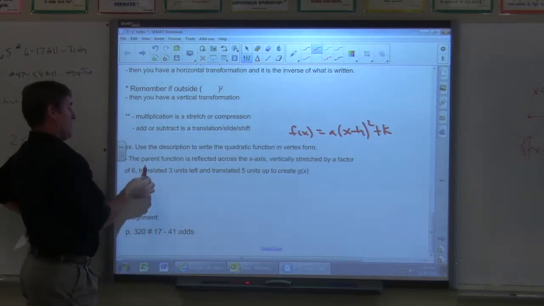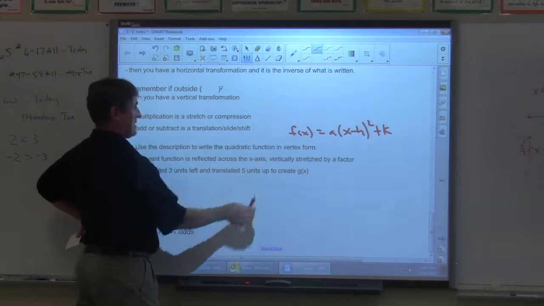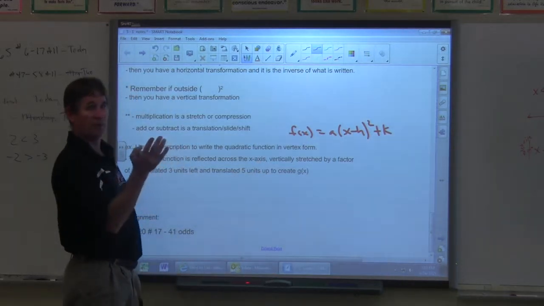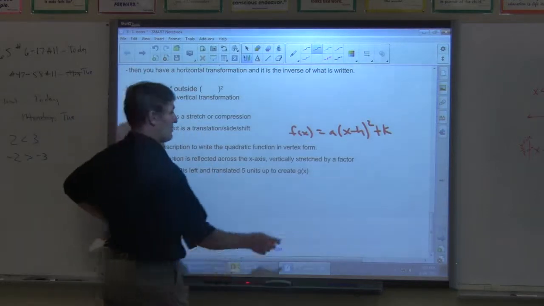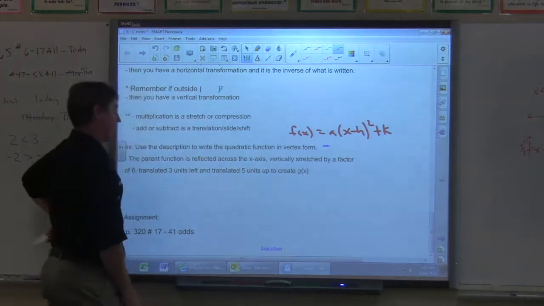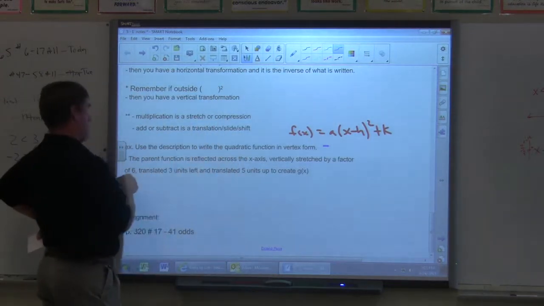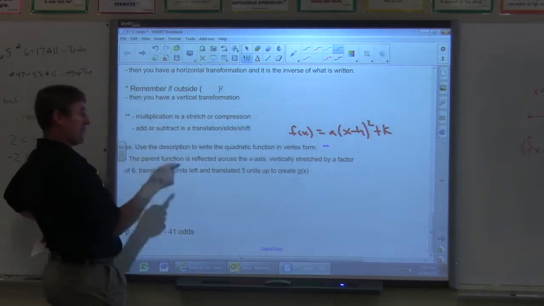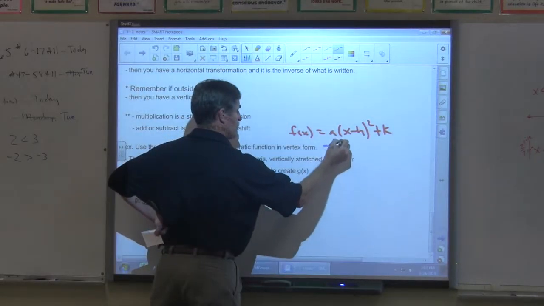So the parent function is reflected across the x-axis. If we reflect it across the x-axis, that would be vertical. So that tells me my a is going to be negative. I'm just going to write this below. I know it's negative. It's vertically stretched by a factor of 6. Vertically, again, is outside, and it's multiplied if it's stretched.